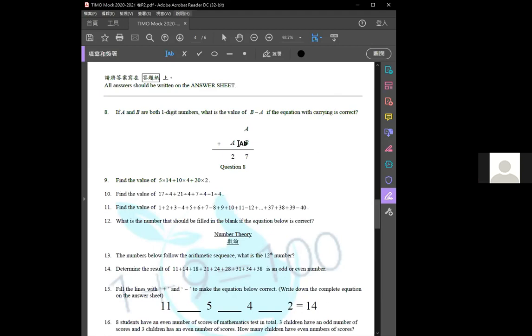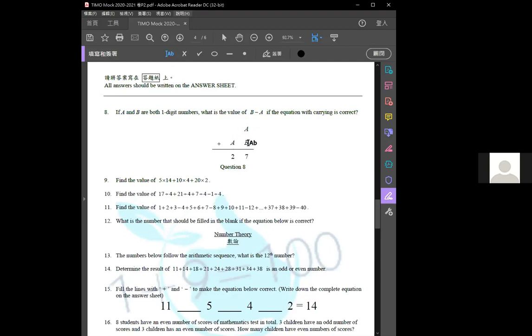I think sometimes they try to make you confused, but even if you try to assume there's a carry, it doesn't make sense if A is 1, because you have only 2 choices for A, whether it's 1 or 2. So if A is 1, and even if you try with the carry, to make the tens there's a carry to 10.